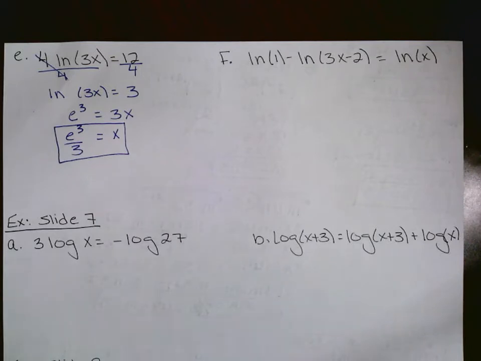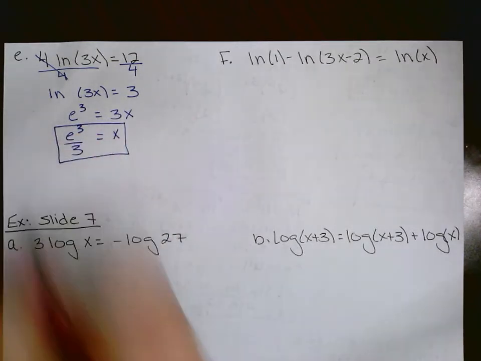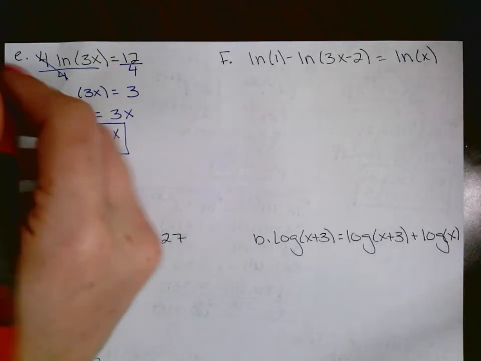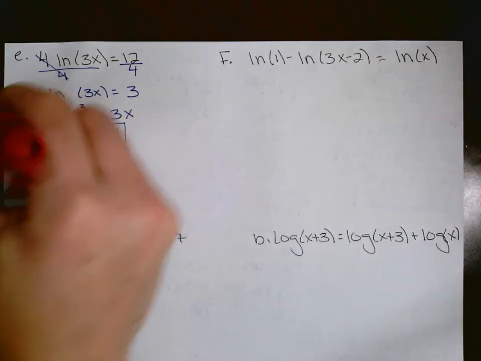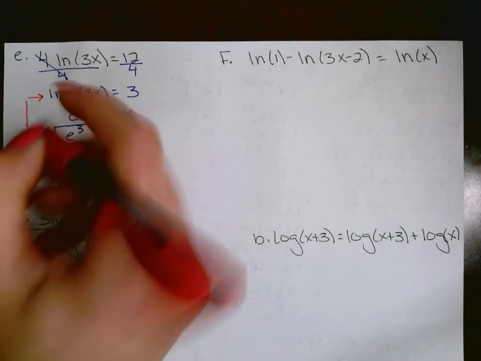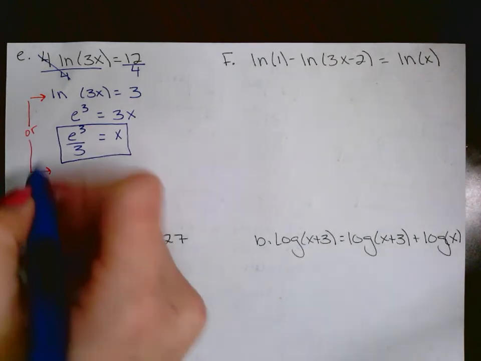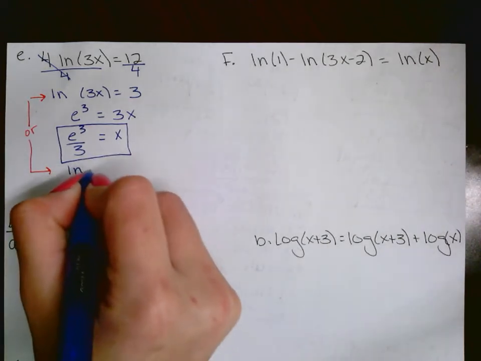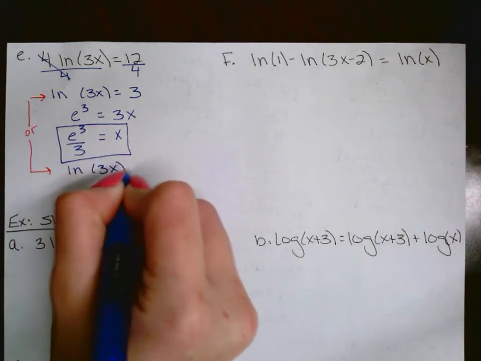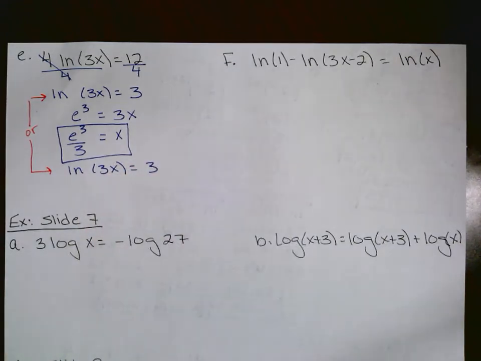Another option you could have done on this step, let's say, let me use a red pen. From here, let's say here's my OR. You are allowed to apply an e as a base to both sides. Okay? So you know how I was applying a log to both sides?